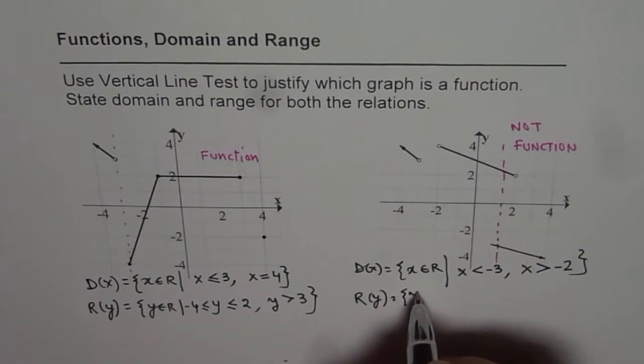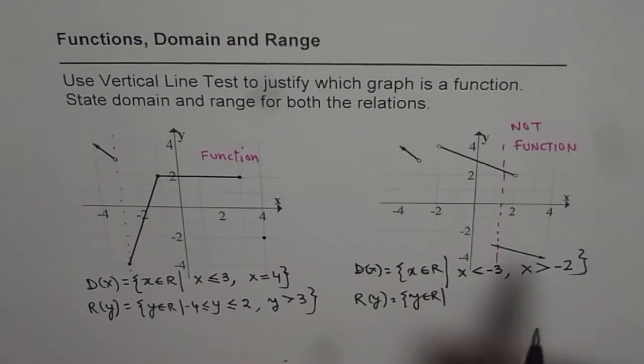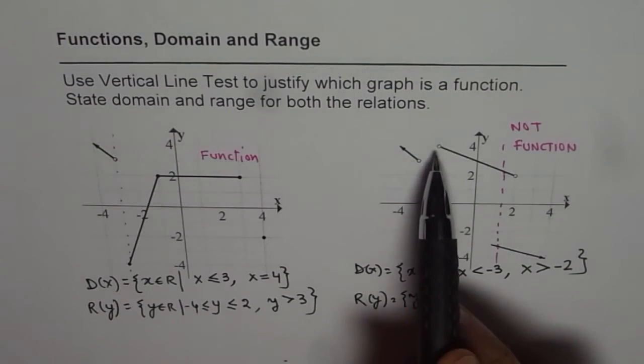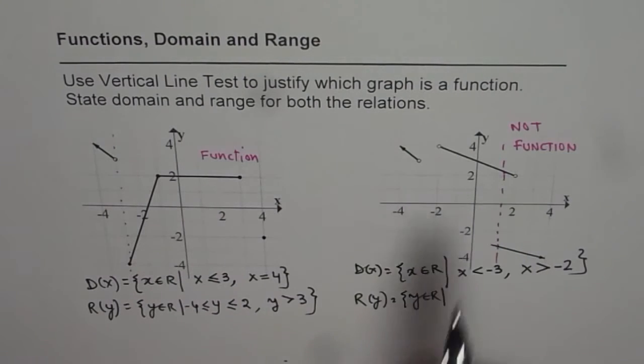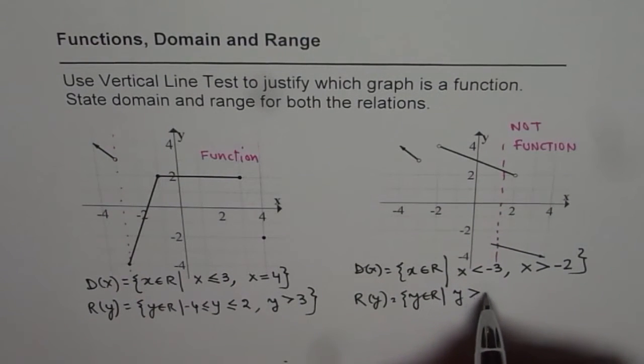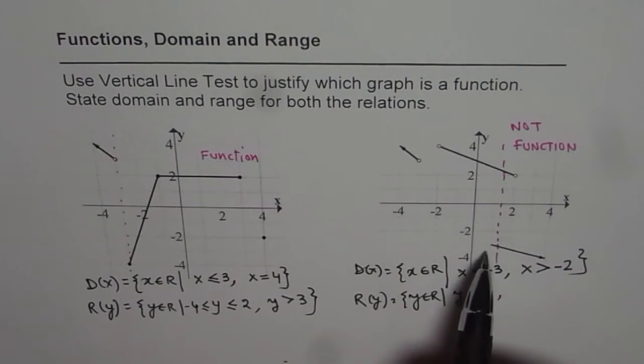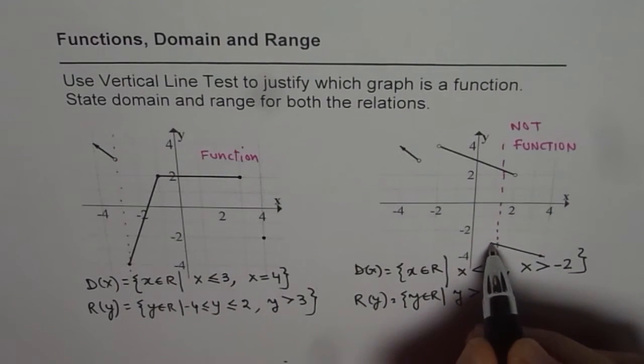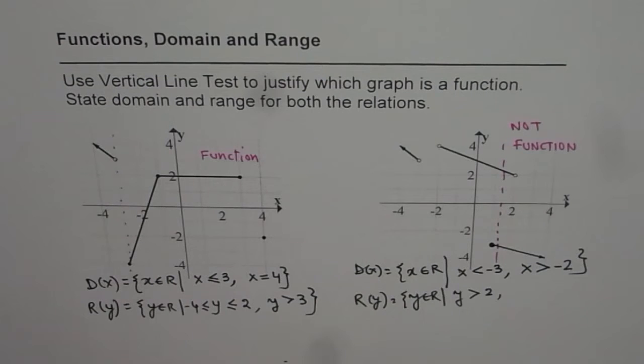Y values are belonging to real numbers, and y values are, if you see from here, greater than 2, all values greater than 2, right? Not including 2. So y is greater than 2, that's first part. And here what we observe is, so this point we are not very sure, let's make it solid for the time being, okay?